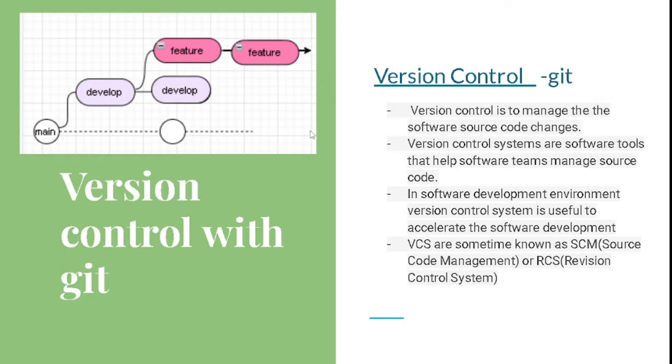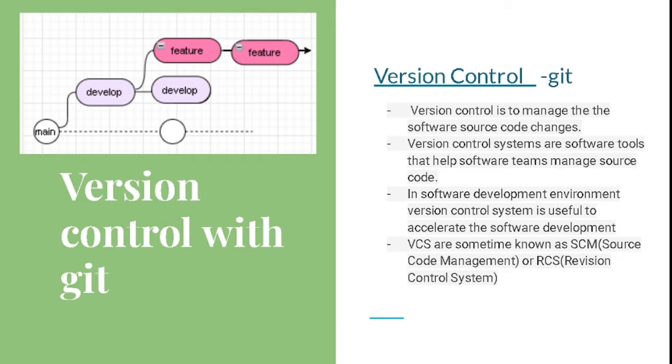To start with version control and Git, we have written some statements that would be better to read and understand. The first thing is version control is to manage the software source code changes. It means that if there are multiple team members changing the same files, how is this to be managed?